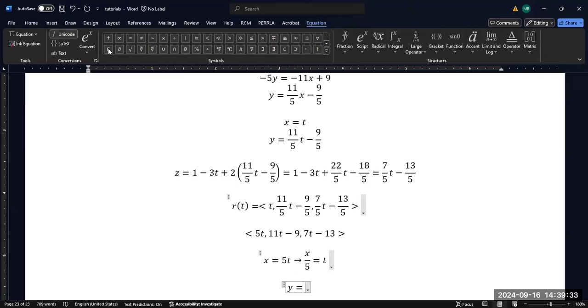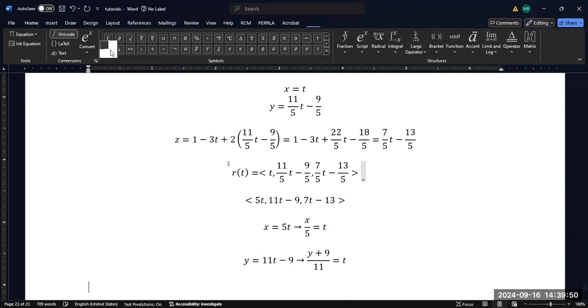And then if I solve y equals 11t minus 9 for t, I'm going to end up with y plus 9 divided by 11. And then if I take my z equals 7t minus 13, and I solve that for t, I'm going to get z plus 13 divided by 7 equals t.